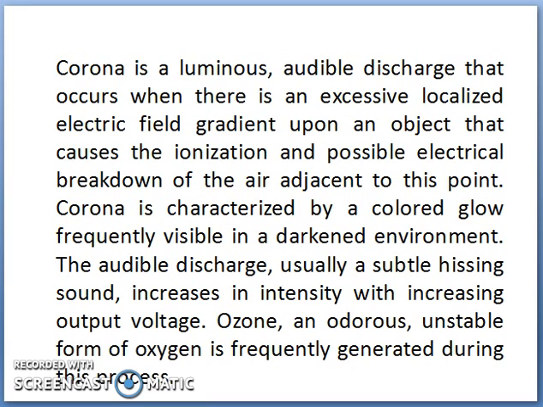Now, let us see what is the basic principle of corona, the phenomena of corona. We all know that in free space surrounding the conductors, always some ionization is present because of radioactivity, cosmic rays, and ultraviolet rays.